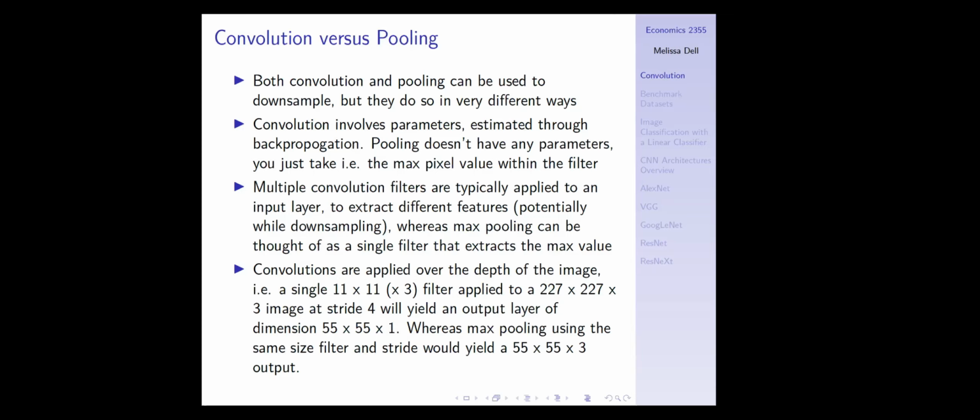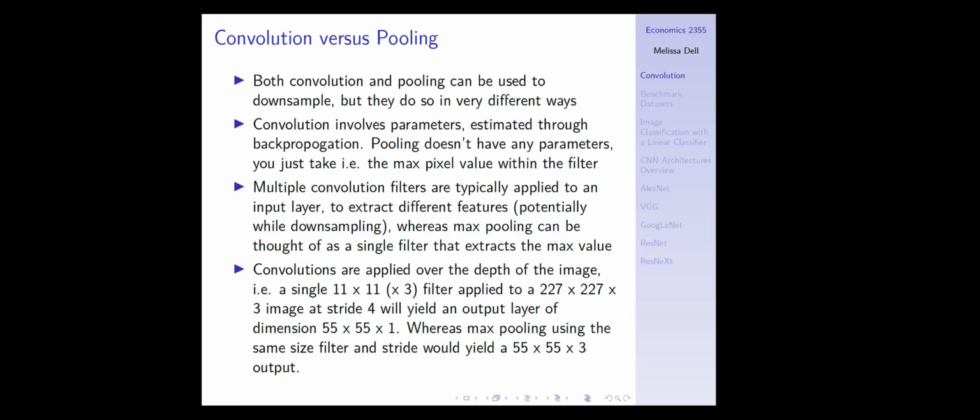So for example, let's say you have a single filter, it's an 11 by 11 by 3, and you're applying it to a 227 by 227 pixel image, and you have a stride of 4. Each time you move the filter over 4 pixels, that's going to yield an output layer that's 55 by 55 by 1, and it's 1 because that's what convolution does.